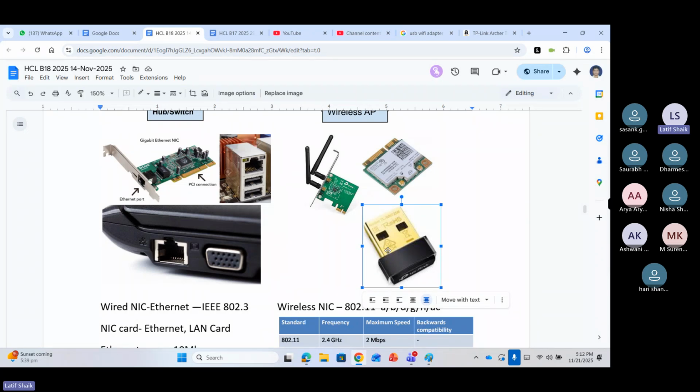Next one: I have a desktop and I can't connect with a cable right now. I just need a simple and easy connection. Instead of putting a lengthy cable from one place to another, the simple solution is to use a USB based Wi-Fi adapter.